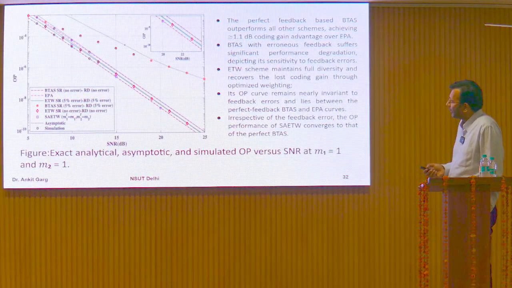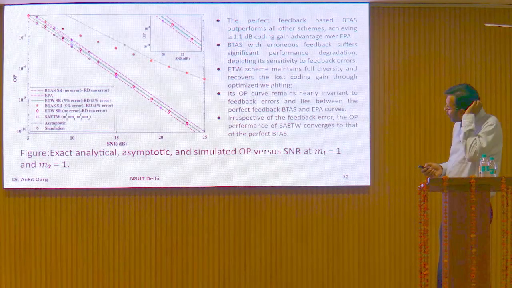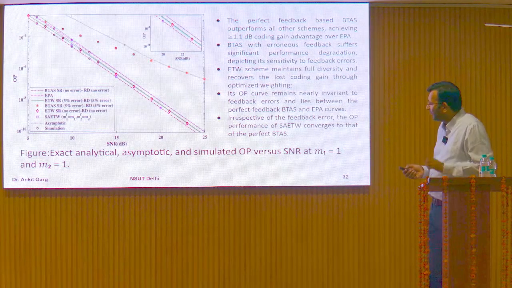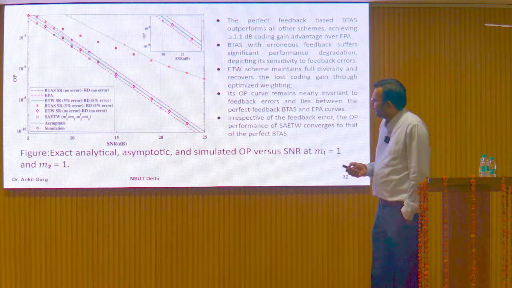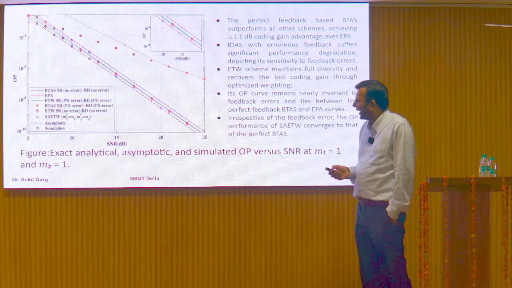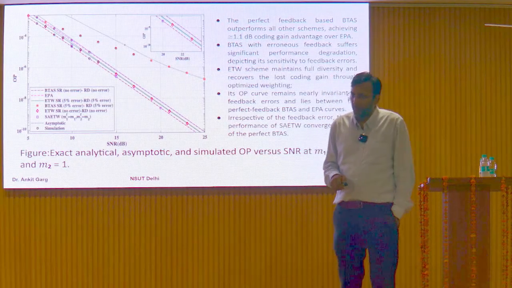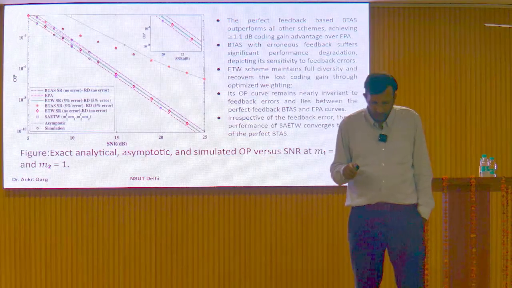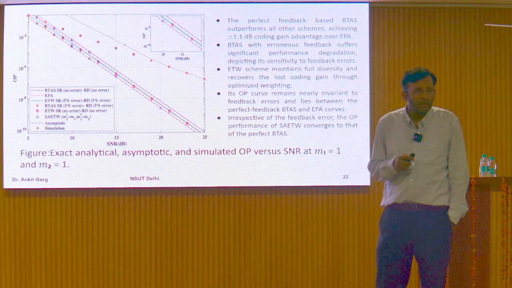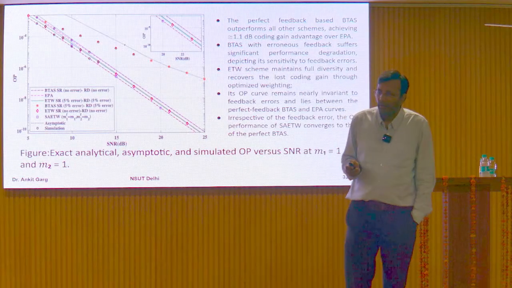We achieve this graph with the help of the optimum values, including the asymptotic curves. The very first situation is where we don't have an error at the first hop or the second hop, while selecting the best antenna at the source side and the best antenna at the relay side.